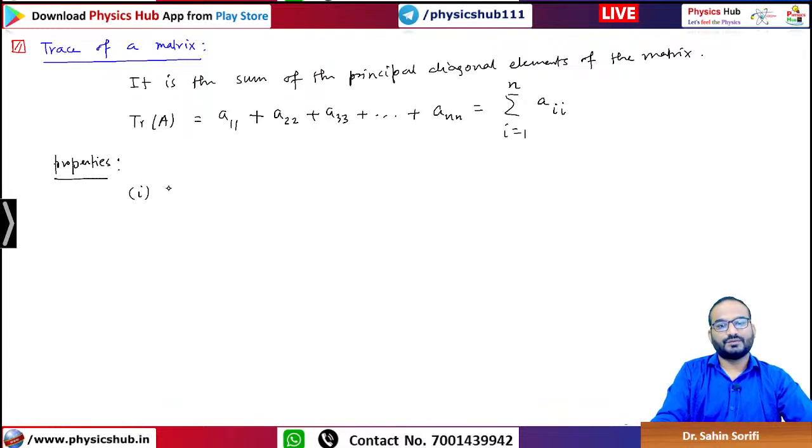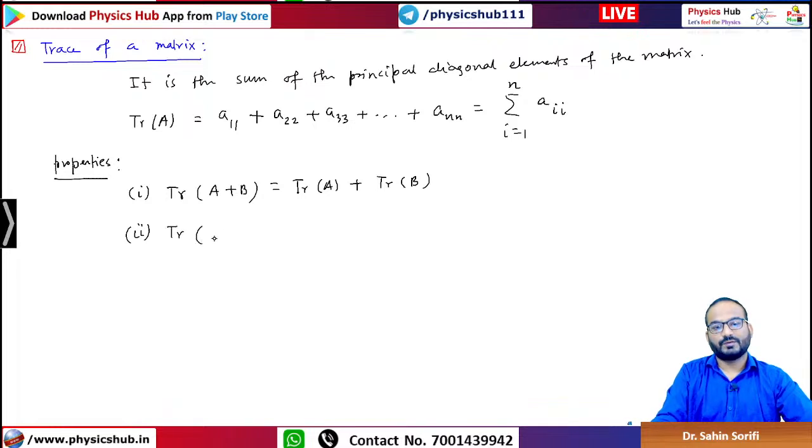If you calculate the trace of the addition of two matrices, you can write it as the sum of individual traces, trace of A plus trace of B. Now if you calculate the trace of a matrix where a scalar is multiplied, we can take out the scalar in this way.